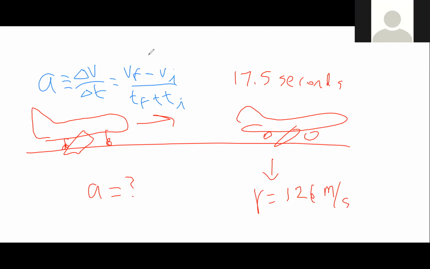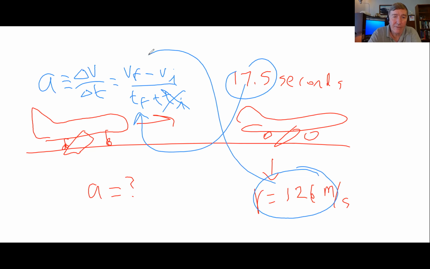So I know that t initial is 0, right? Because that's your starting. Right. And then t final was the 17.5 seconds. And then v final I assumed was 26 meters per second. 126. Oh yeah, 126. And then v initial is 0, right? Okay, very good. You got it.